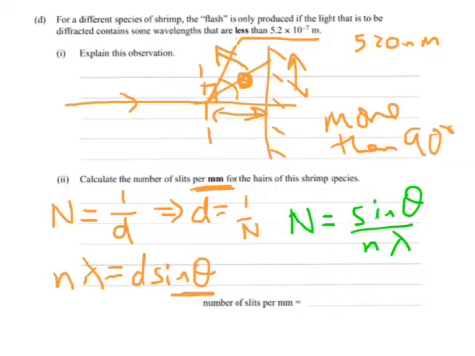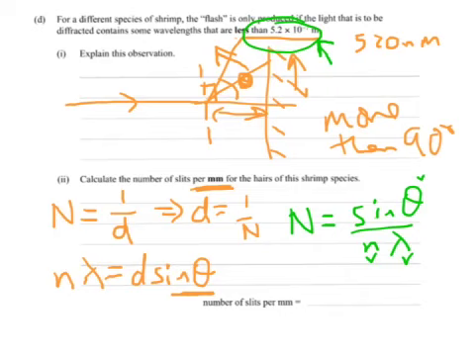We know that, remember, the wavelengths have to be less than 5.2 times 10 to the minus 7. If we use that as our wavelength, so we know the wavelength, and if we take n equals 1 and theta equals 90 degrees, this is because at 90 degrees we're presumably at the point beyond which, it's sort of like the critical angle, but the critical wavelength beyond which the diffraction goes more than 90 degrees.